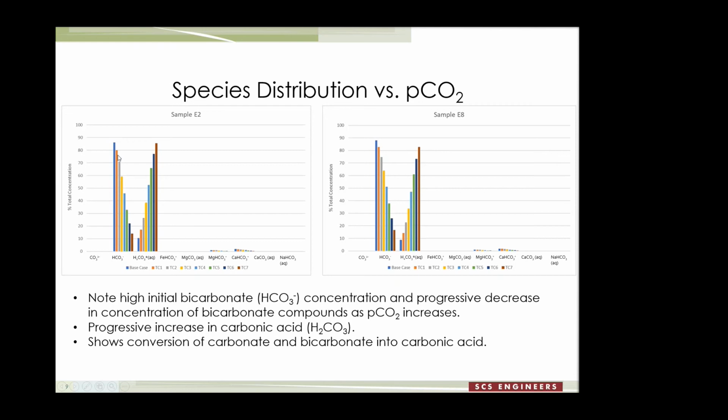As we progressively increase our PCO2 value, we get a progressive decrease in bicarbonate and a progressive increase in carbonic acid in both cases. This is graphically showing that conversion of carbonate and bicarbonate into carbonic acid.